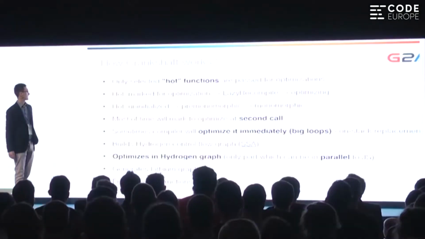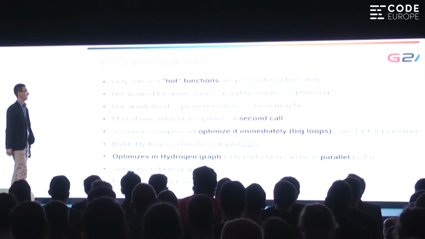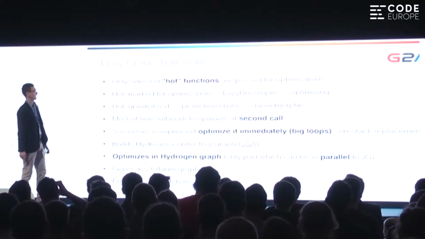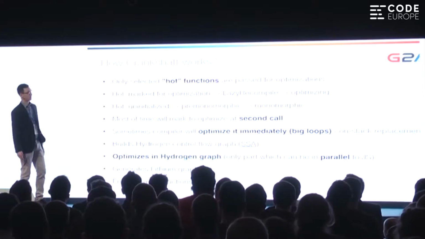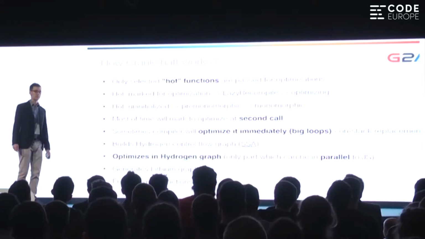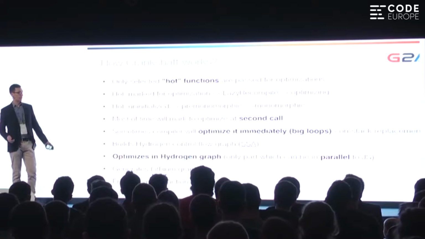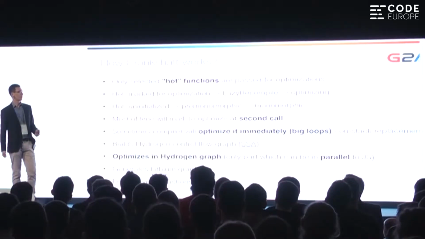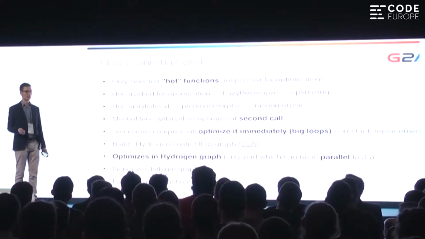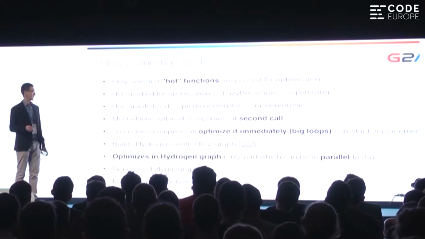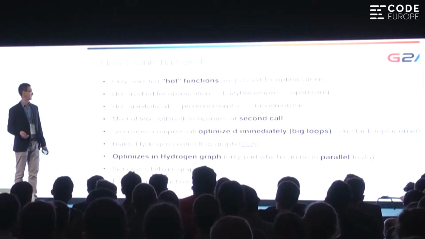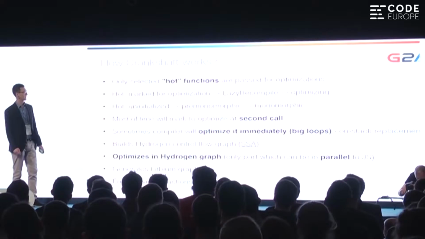Crankshaft. It's an optimizing compiler. The thing is that it can't work in parallel at all with JavaScript code. So when Crankshaft is working, your code will not work. It is stopped completely, and Crankshaft is just passing optimizations.